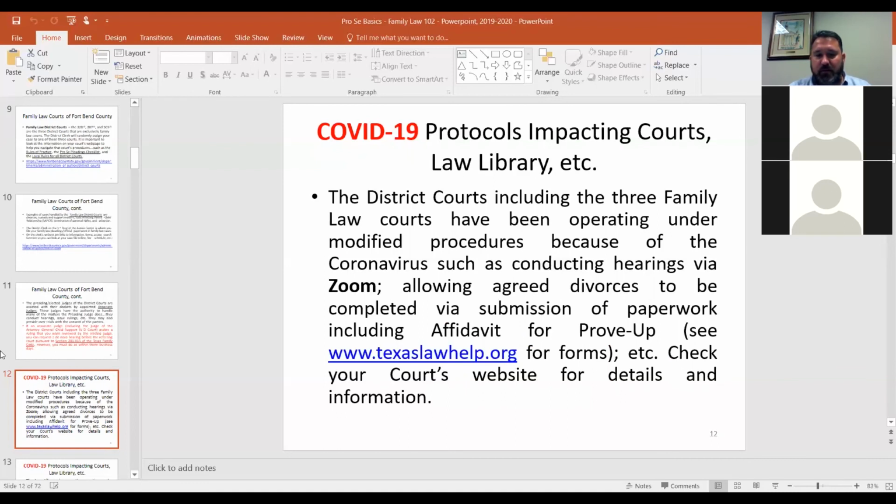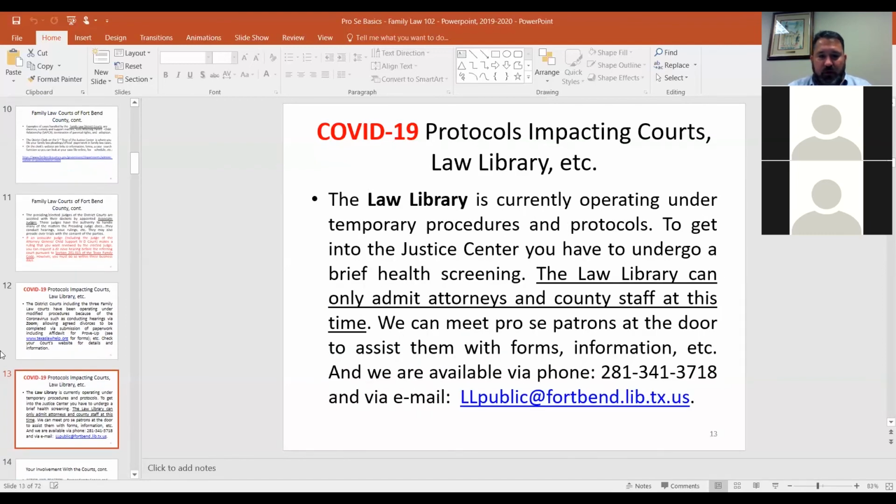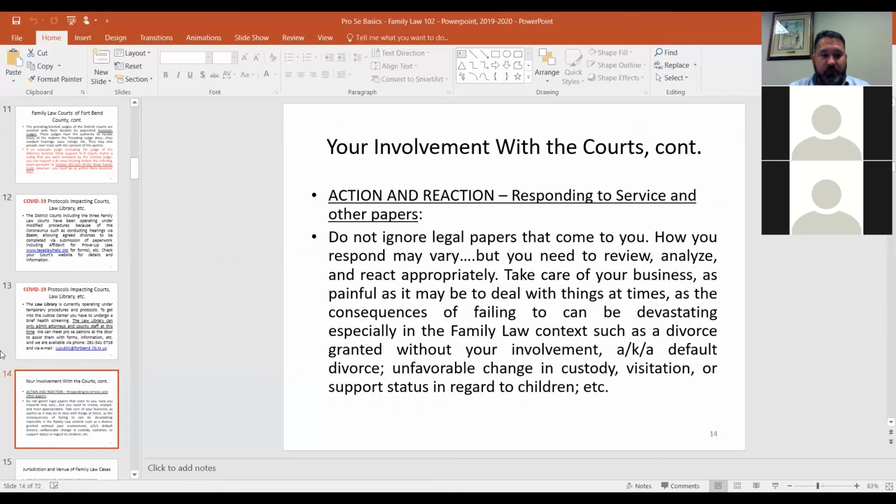It pays to look on the various websites and avail yourself of that information so that you can still get your case through the system in some manner. And hopefully, getting the law library reopened and all the other ones, there's a committee, I think, working on all the protocols that need to be put in place to have the general public coming into all the various law libraries.